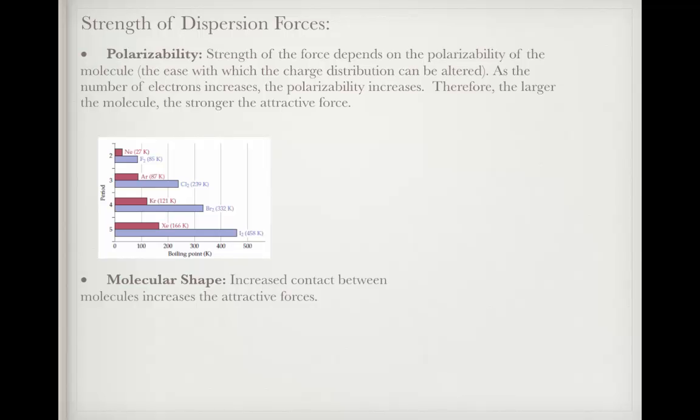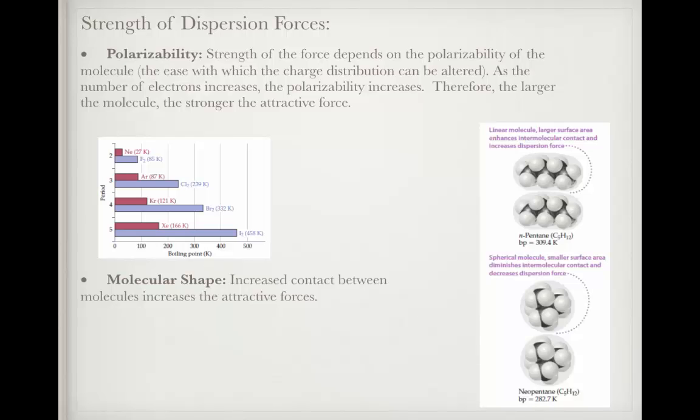Molecular shape affects it because as you increase the amount of contact that can exist between molecules, that increases the dispersion forces. So what you should see here in this diagram, the top one is a linear molecule.